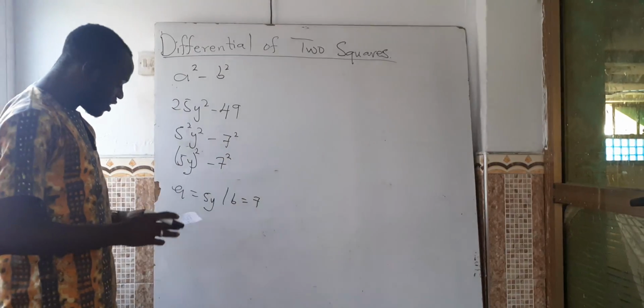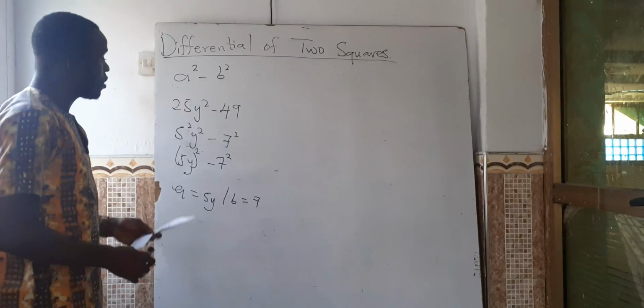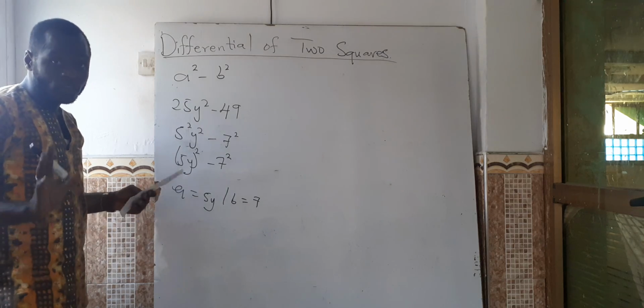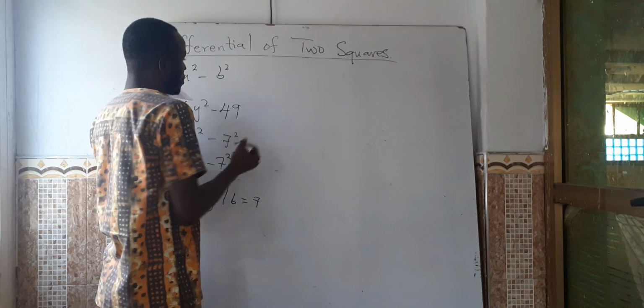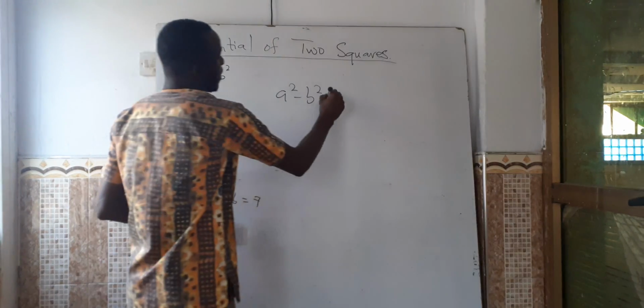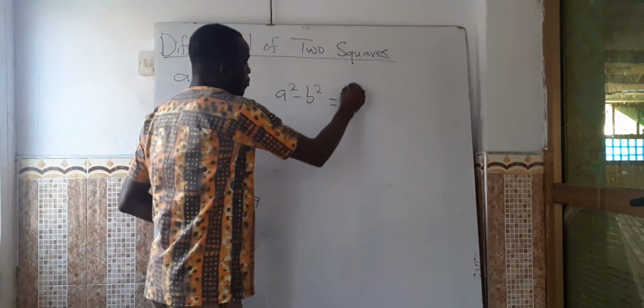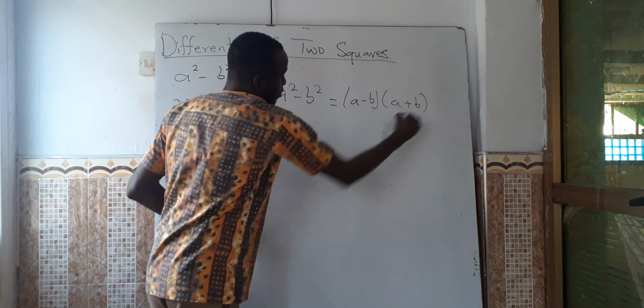So the difference between the square of one value and the square of a different value is what we refer to as difference of two squares, okay? So if I have a squared minus b squared, and I want to expand it, I have to get a minus b times a plus b, okay?